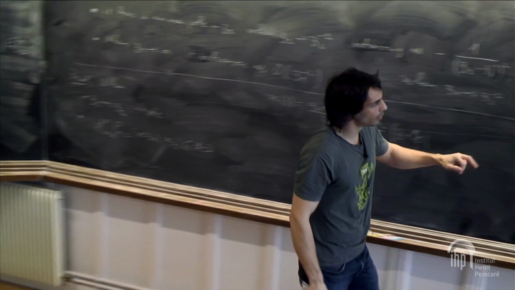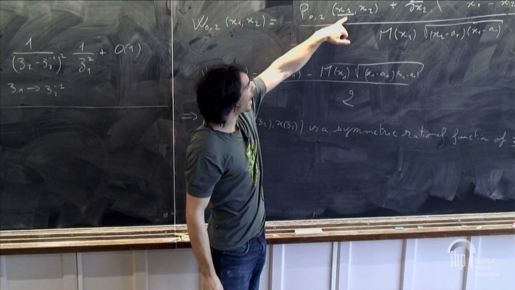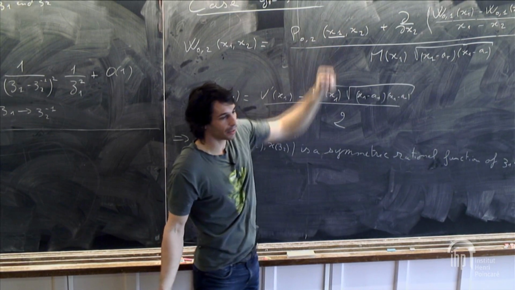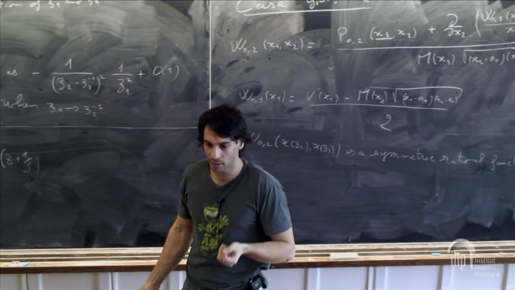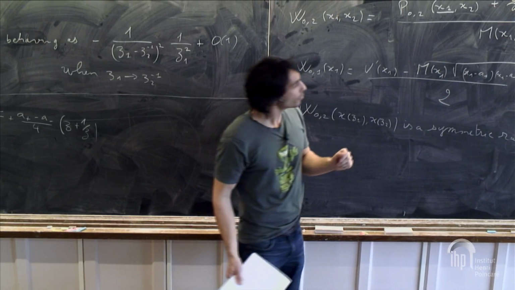Okay? So the degree in x1 is at most d minus 3, and so in z1, since x behaves like z when z goes to infinity, is d minus 3 as well.